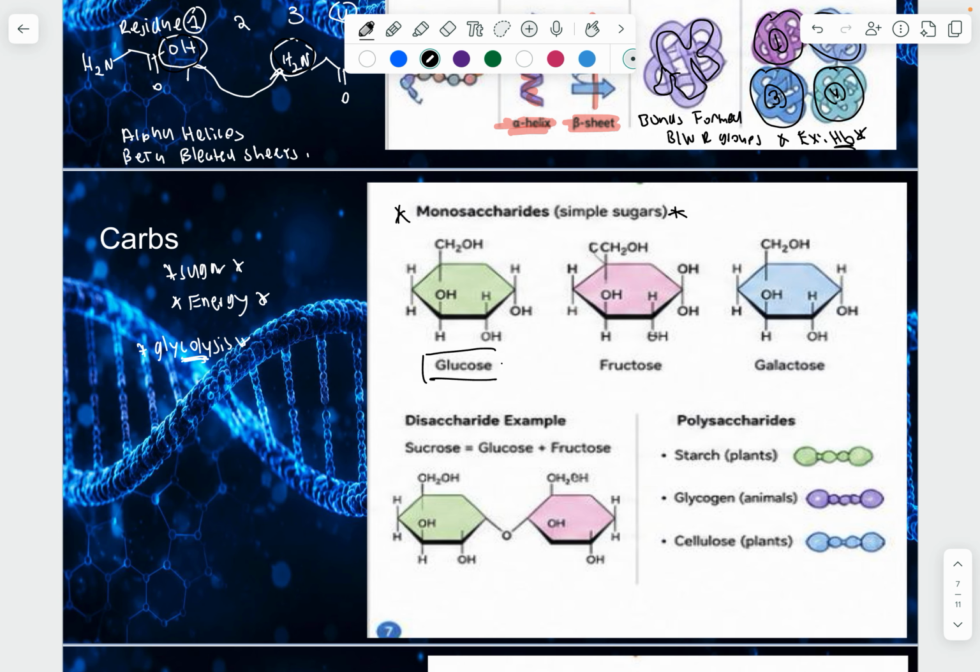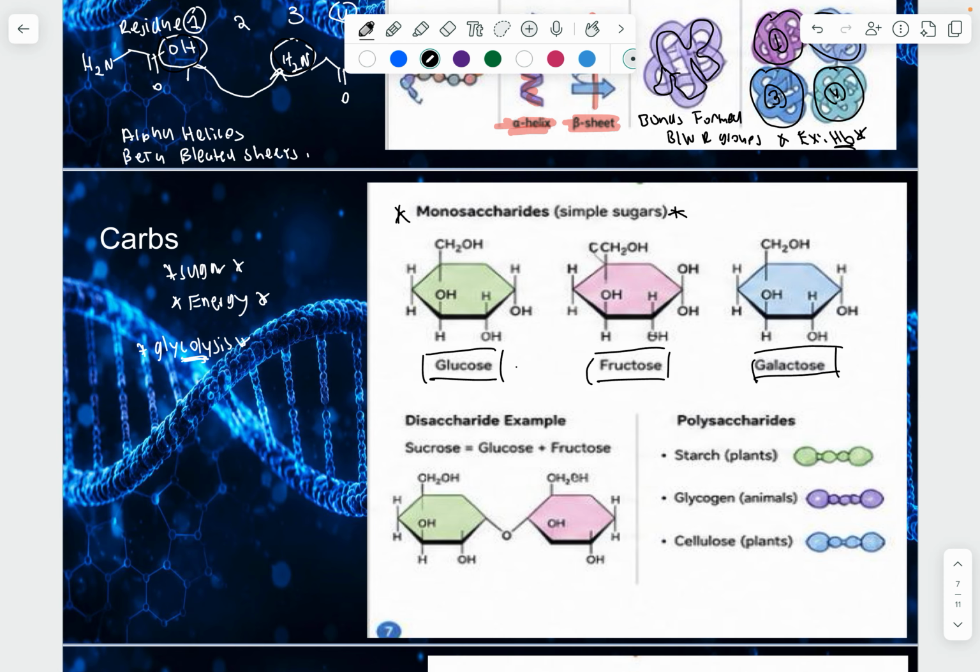We have glucose, we have fructose, and we have galactose. Those are 3 examples. Glucose is, again, the main source of energy because when we eat, food comes in the form of glucose. Like when we break down our food, the monosaccharide that comes is in the form of glucose.